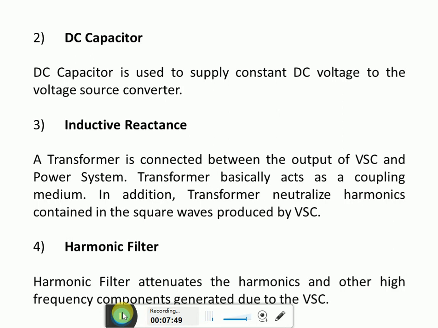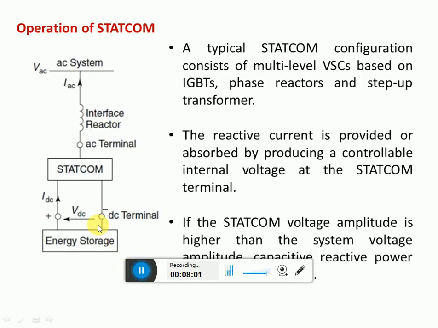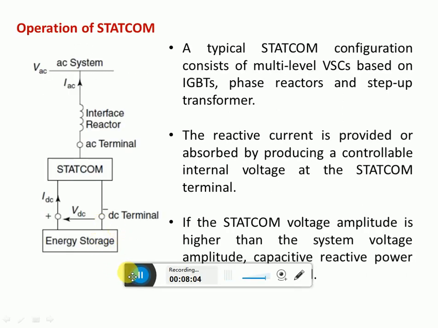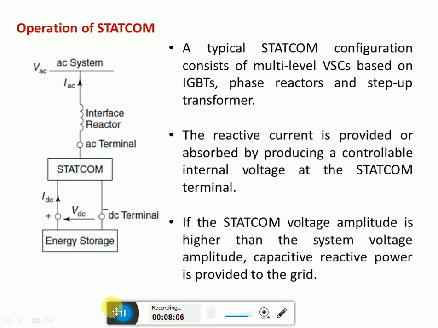Next, let's see how the STATCOM basically works. This is the diagram of a typical STATCOM, where an energy storage or DC capacitor is used to supply the DC to the voltage source converter, so that it can generate the AC output voltage.